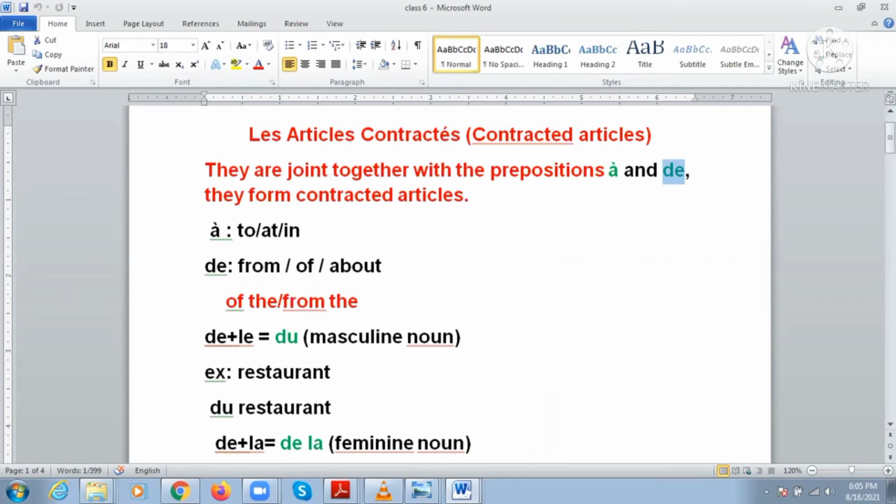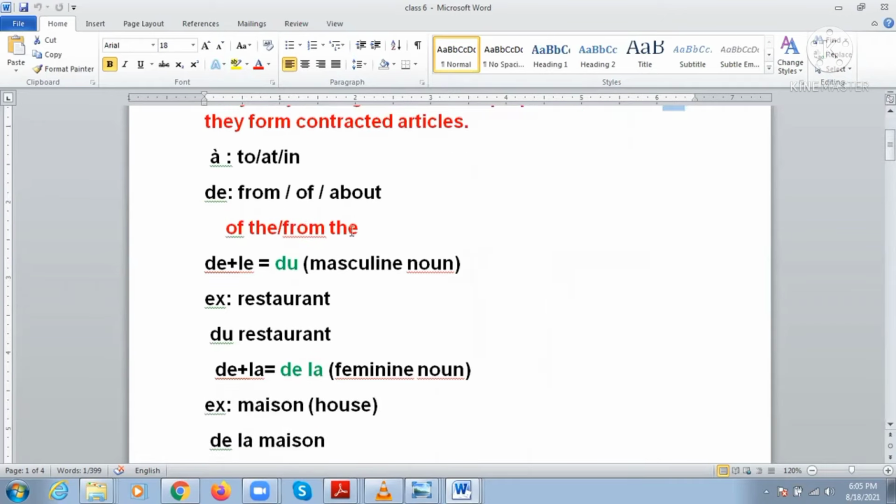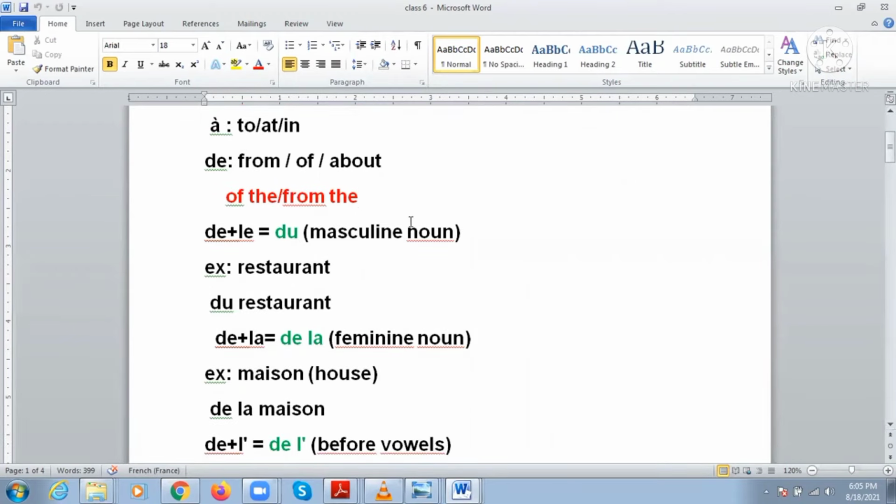Now let's understand how we use of the, from the, or about the form of contracted article. So whenever we have to use either of these prepositions like of the, from the, we are going to use one of these contracted articles. For of the or from the, we have four types of contracted articles.